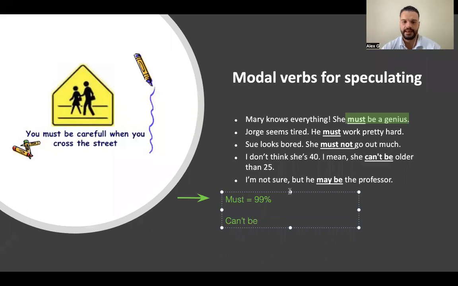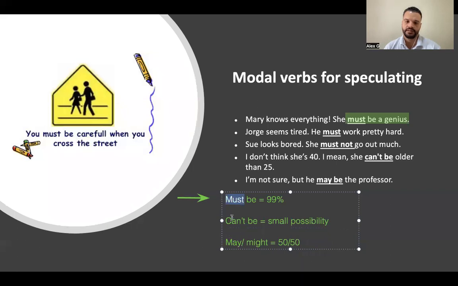So if we say can't be or must be, we're going to say that this is like the opposite. So maybe there's a small possibility. And the last one, which may be may or might, this is going to be like 50-50. We're not sure. We're in the middle. We really don't know which way to go. So this is 50-50, okay?